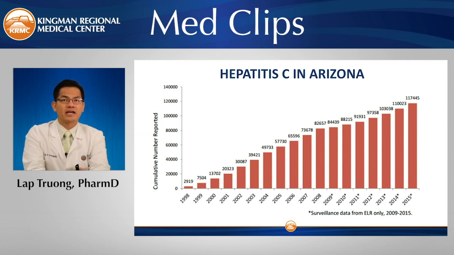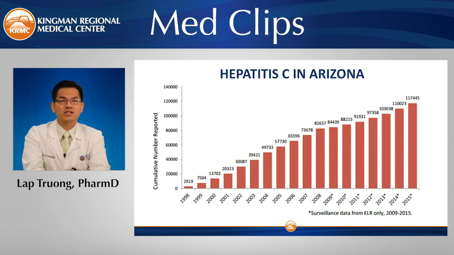These are electronic lab reports, meaning if the physicians or patients did not report hepatitis C, the numbers were not included. So this whole number is not an inclusive list. The Y or vertical axis shows the number of patients who got infected.